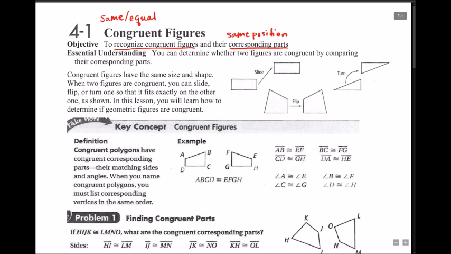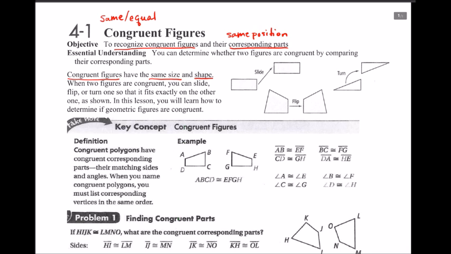So one thing to remember here is congruent figures have the same size and the same shape. So they're going to have the same angles and the same sides. Now, congruent figures don't always have to be sitting in the exact same order next to each other. We can take a figure and slide it over onto another figure.